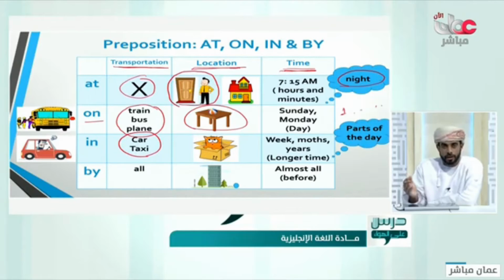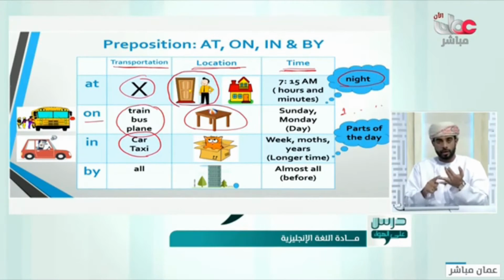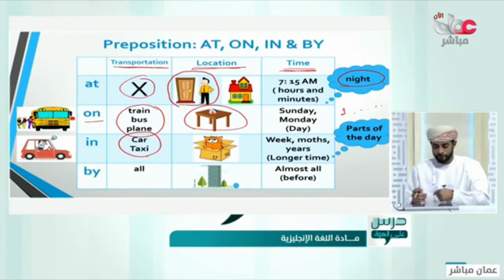Is it a date or a year? It has a date, a month, and a year, so they are talking about the date. So use "on". On Christmas Day also. You can say on Eid Day, on your holiday, on your birthday. This is one day. Good.